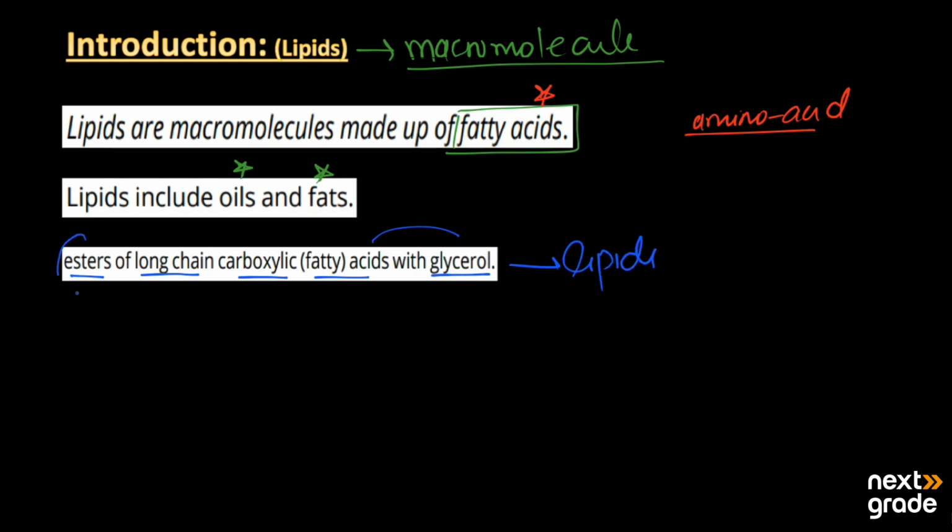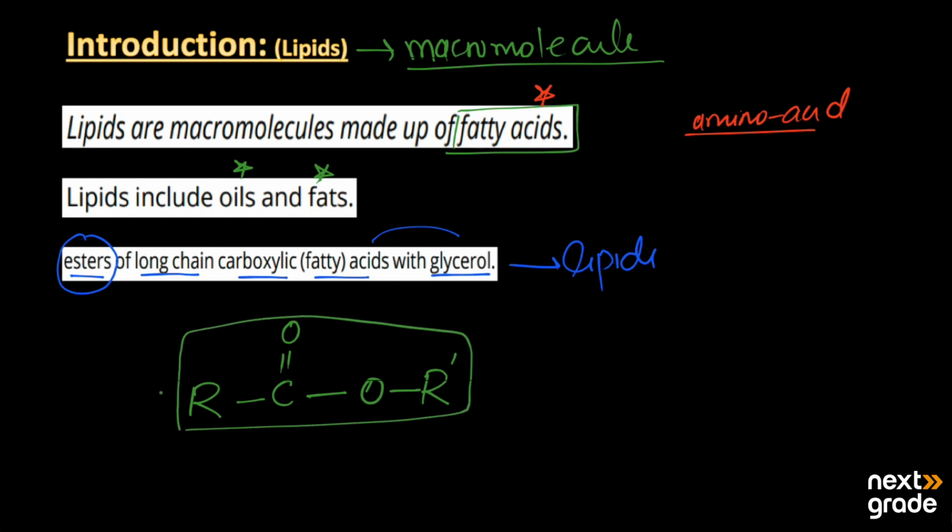The word esters refers to a class of compounds in which the carbon is a central atom, with a carbonyl group. On one side we have the alkyl group, and on the other side we have oxygen and the alkyl group. We can also write it as RC double bond O, O R. These are known as the esters. When the long chains of esters combine, they make up the lipids.